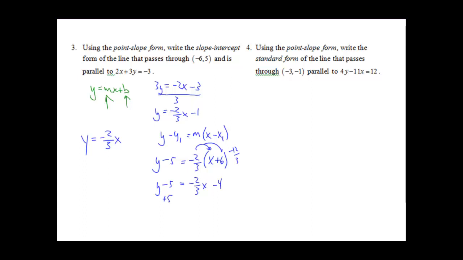If we add the 5 over, you get y equals negative 2/3 x plus 1. So our equation that is parallel to 2x plus 3y equals negative 3 and goes through the point (-6, 5) is y equals negative 2/3 x plus 1.